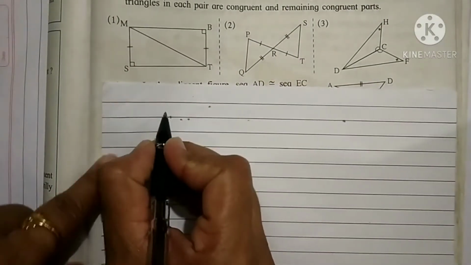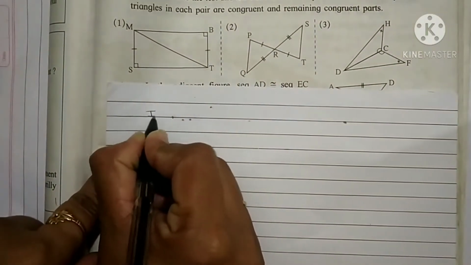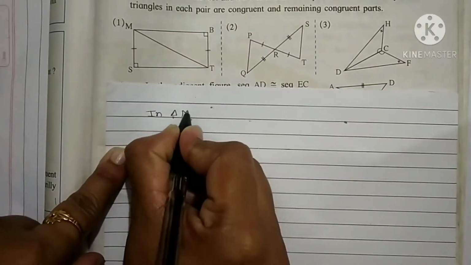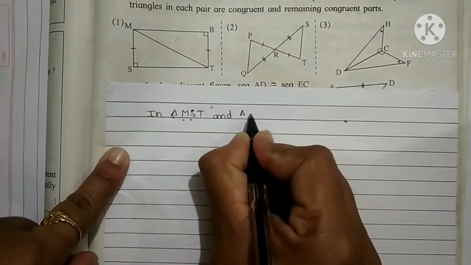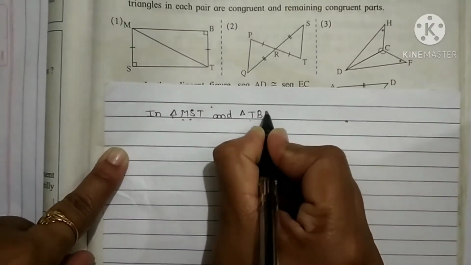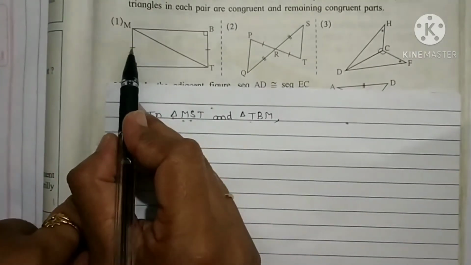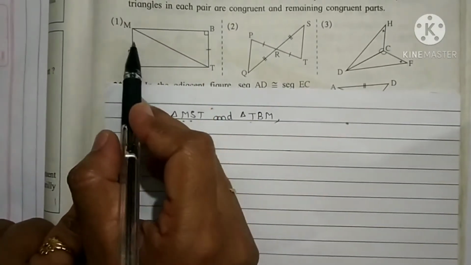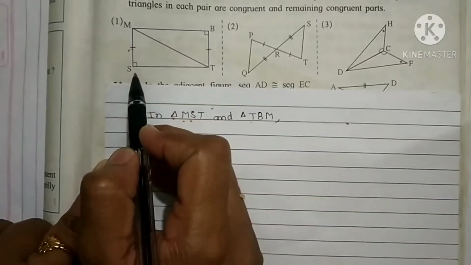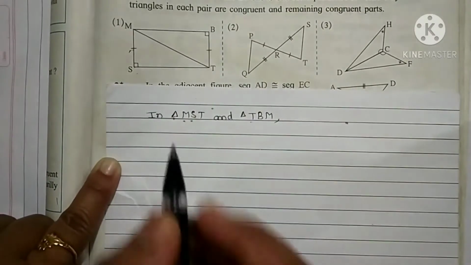Let's see the solution. Here in triangle MST and triangle TBM, see this identical mark. That means segment MS is congruent to segment TB.